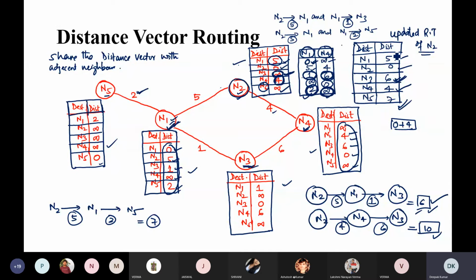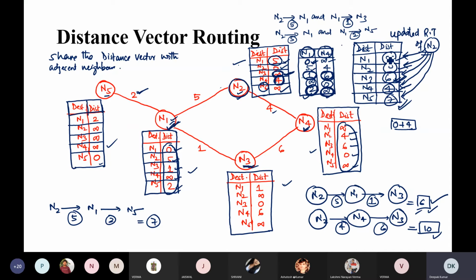In this table you can see all the information, all the distances, all the costs are finite, undefined कोई नहीं है. All finite means N1 has the information about all the nodes, and N2 has the information about all the nodes that you can reach with the shortest available path.